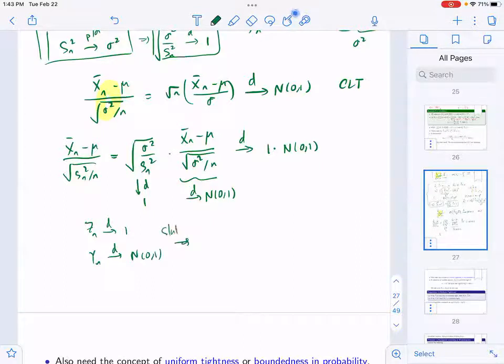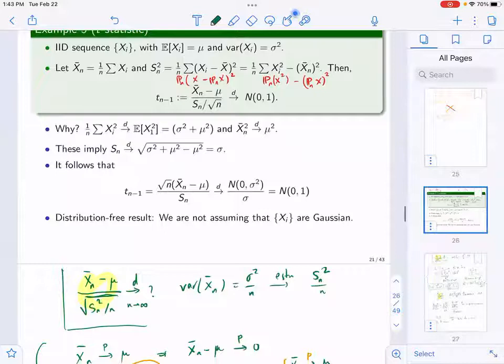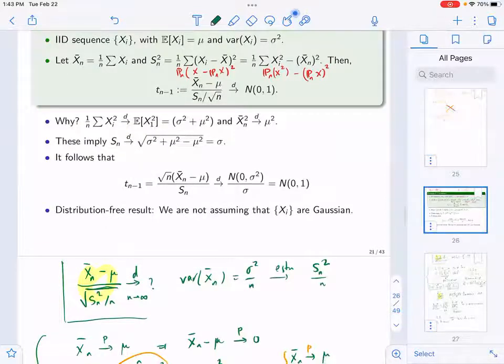Then Slutsky tells me zn yn converges in distribution to 1 times normal 0, 1, which is again, of course, normal 0, 1. So all this work, which is not difficult, just application of these, tells me that this is a statistic I define, a t, converging to a normal random variable. In classical statistics, if this was 1 over n minus 1 and things were Gaussian, this would be a t distribution under the Gaussian assumption. Hence the t-test.